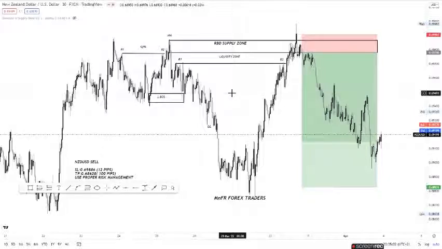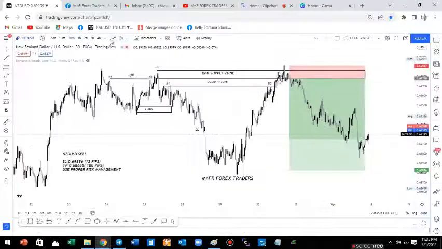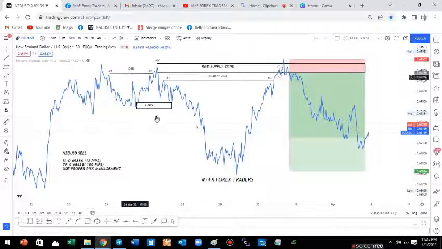What I didn't pay attention to is this high here. In my mind, I switched to the line chart, and for me this was higher than this one, so I thought this was a good level, so I overlooked this.